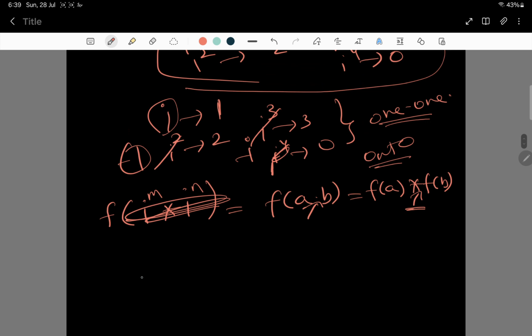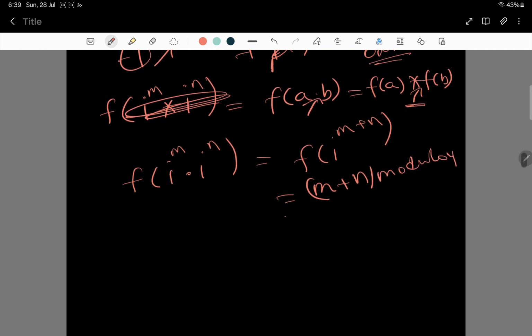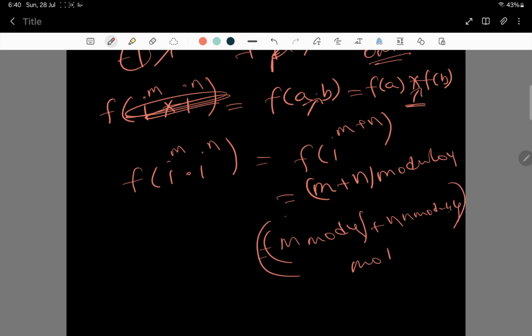So every element can be written as i power m into i power n. See, this is f of i power m plus n, which is m plus n modulo 4. So this is m modulo 4 plus n modulo 4, modulo 4.